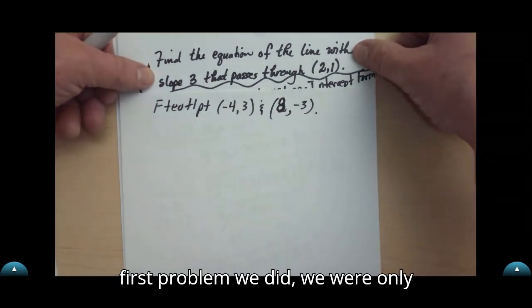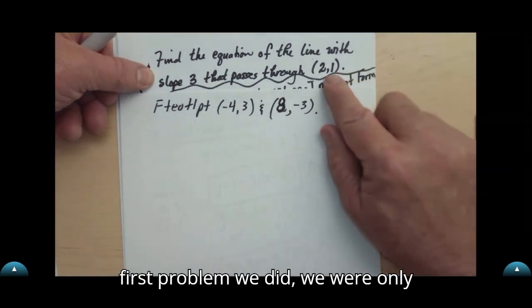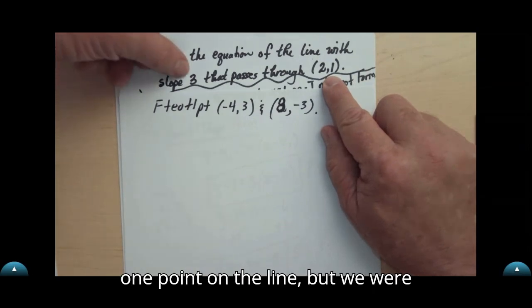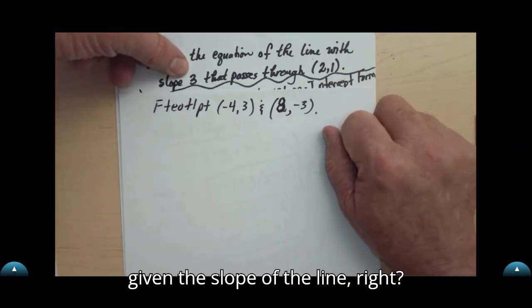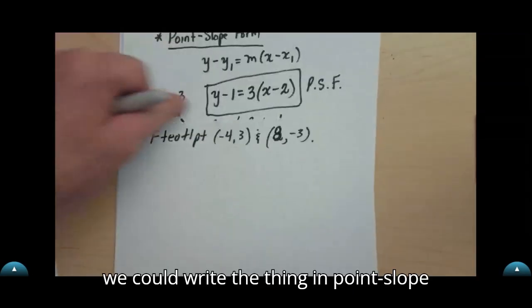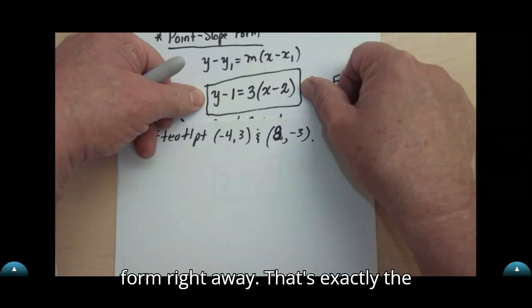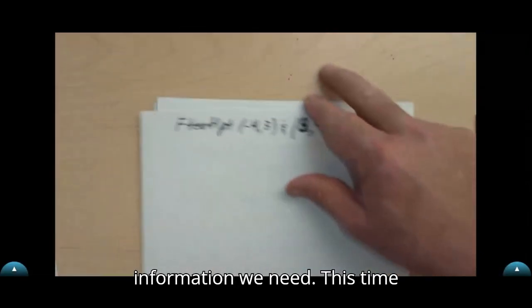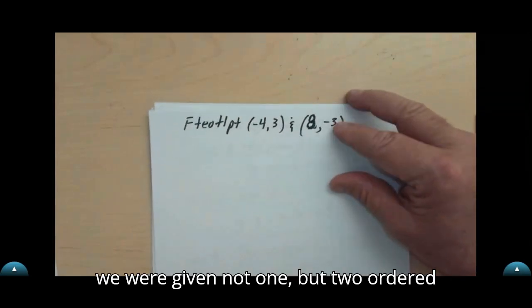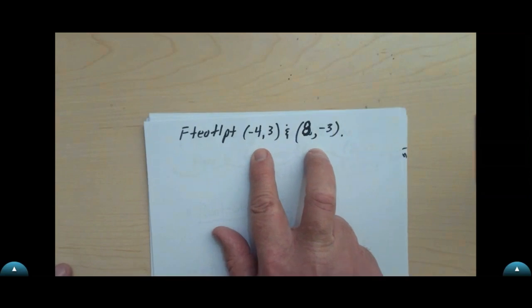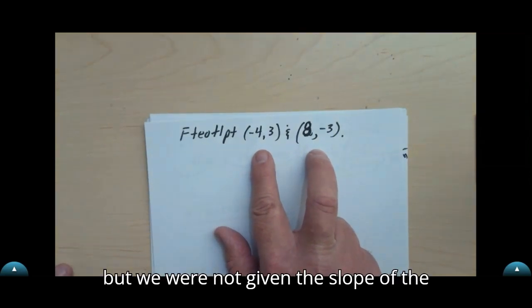Like in this first problem we did, we were only given one ordered pair that represented one point on the line, but we were given the slope of the line, right? And we saw that when we were given that, we could write the thing in point slope form right away. That's exactly the information we need. This time we were given not one, but two ordered pairs that represent 2 points on the line, but we were not given the slope of the line.